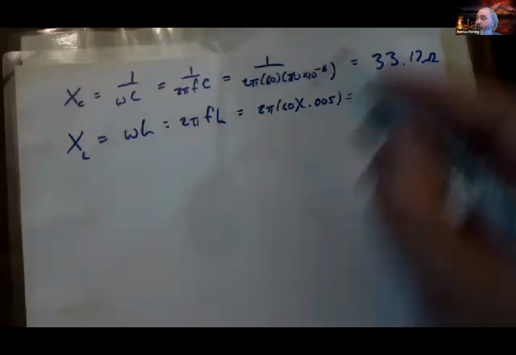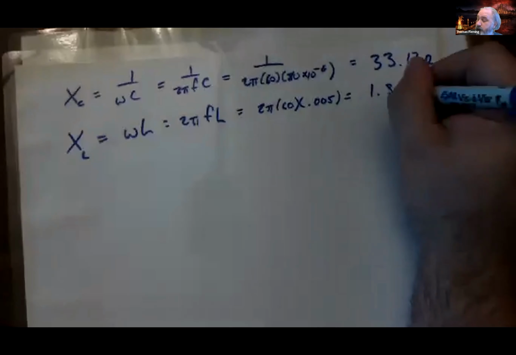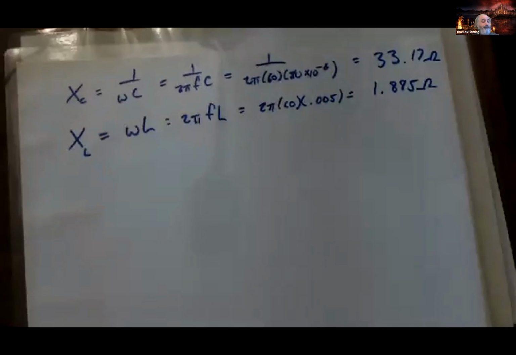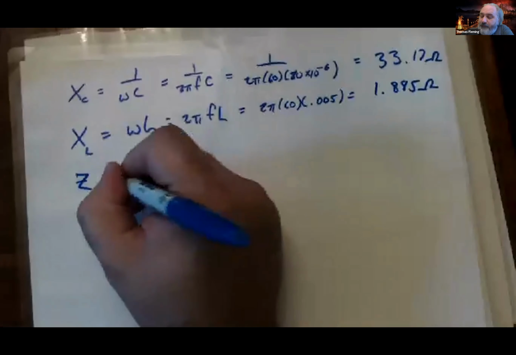And so it turns out that the inductive reactance is only about 1 ohm. It's very small. Excuse me, so the inductive reactance, not the inductance. Of course, R was 10, so I can find my impedance.